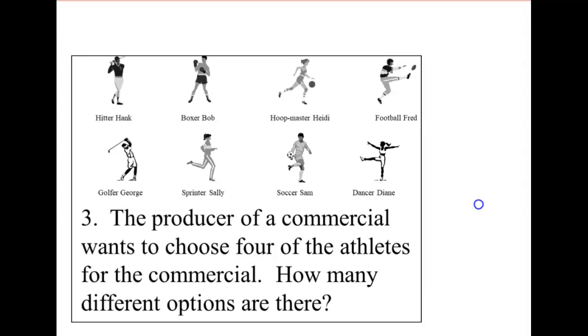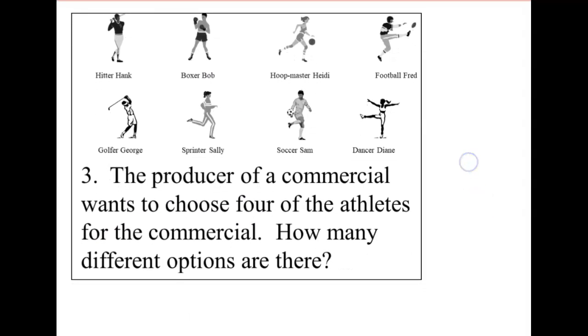So if you look at problem number 3 here, a producer of a commercial wants to choose 4 athletes for the commercial. How many different options are there? In this particular problem, if you choose Boxer Bob, Soccer Sam, Football Fred, and Sprinter Sally, does it matter if you chose Soccer Sam, Football Fred, Boxer Bob, and Sprinter Sally? No, it's still the same group of people.